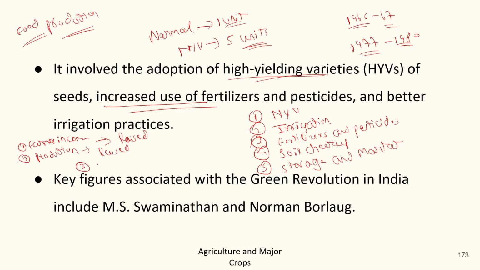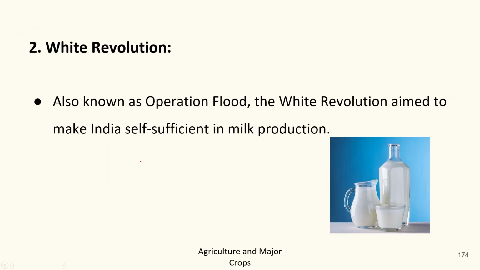Third impact was, rather than importing, we started export. Okay, so these are some of the important facts which we know about the green revolution. Got it? Now come to the next point.